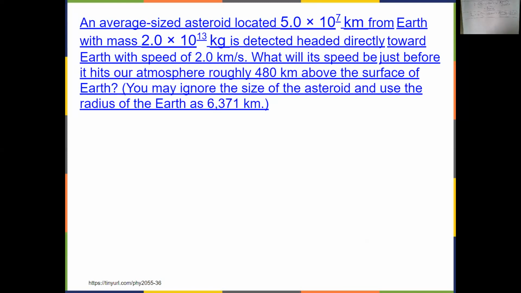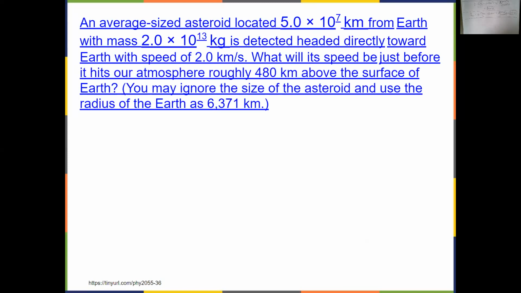It's originally 5.0 times 10 to the 7 kilometers away from the Earth, heading directly towards the Earth with a speed of 2.0 kilometers per second at that point.